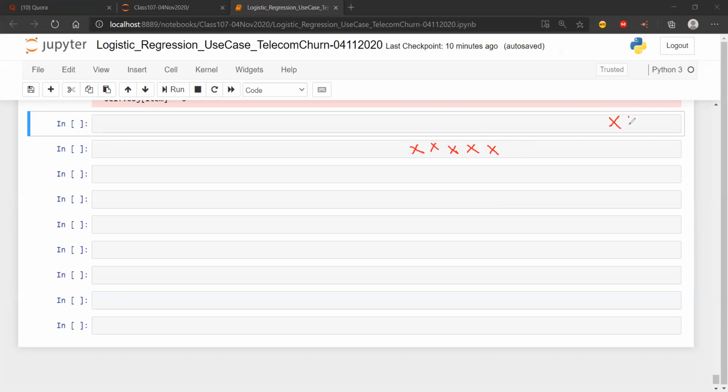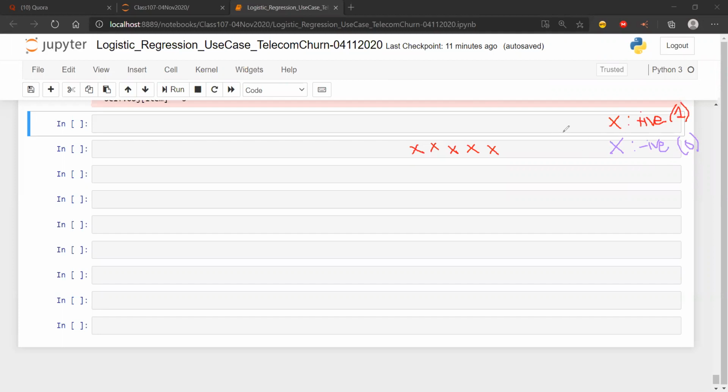Let's say I have a data set of cancer patients, or a data set of customers who have churned from my company. The orange cross means positive results, so let's consider that they have actually churned, and this violet one represents the negative, which means they have not churned.